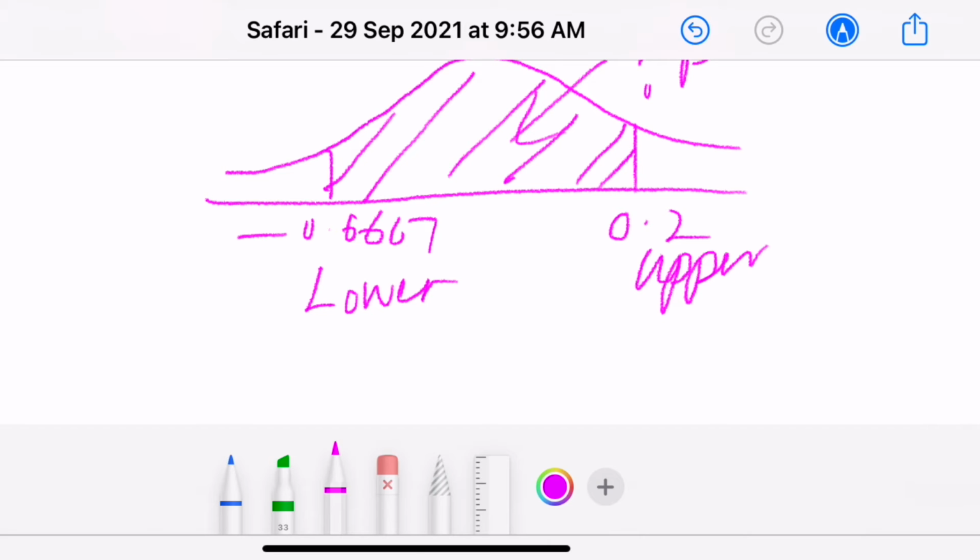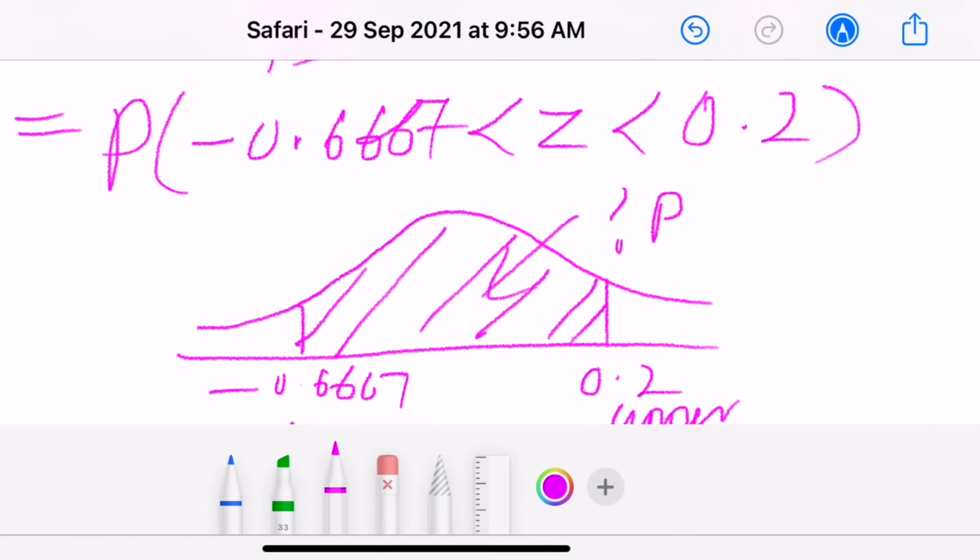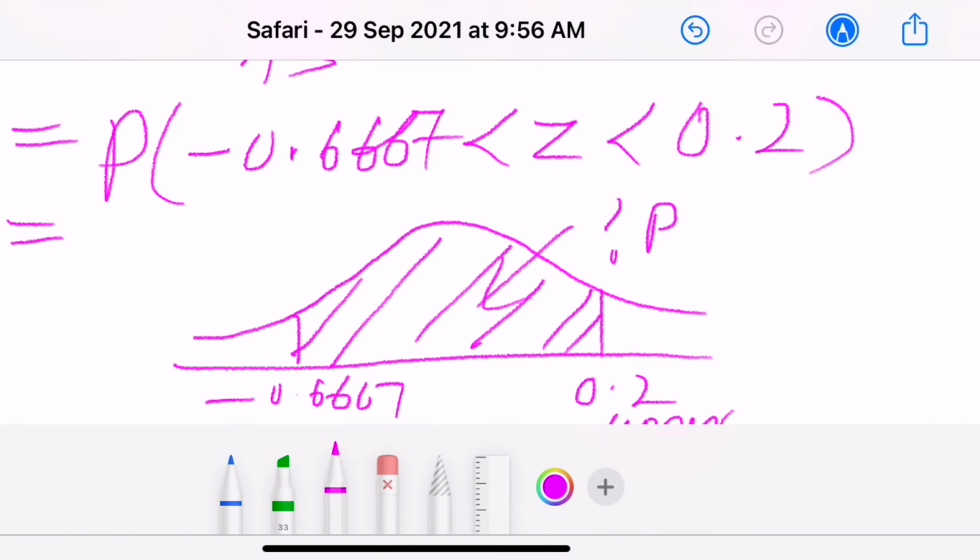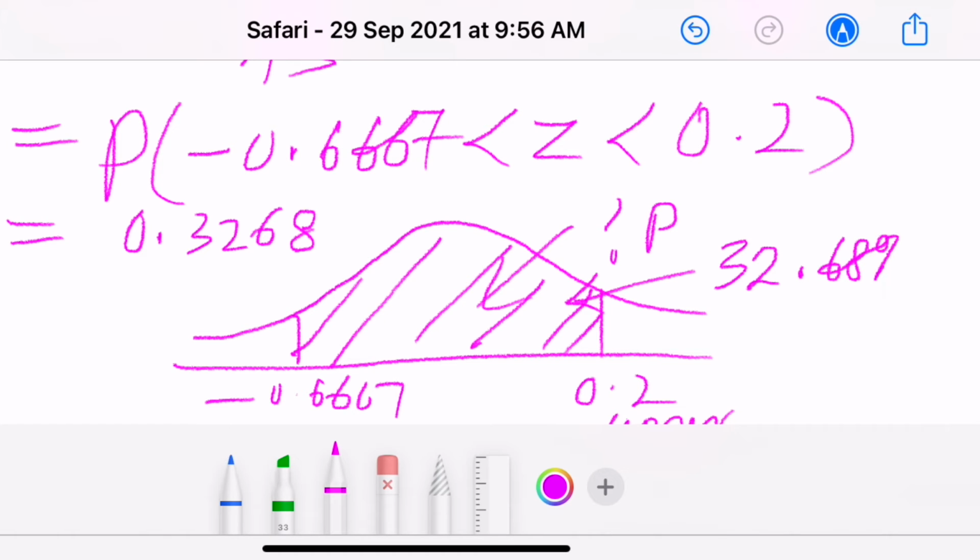So the probability we get is 0.3268. It means that this area is 32.68%. If we want to write the probability, it should be equal to 0.3268.